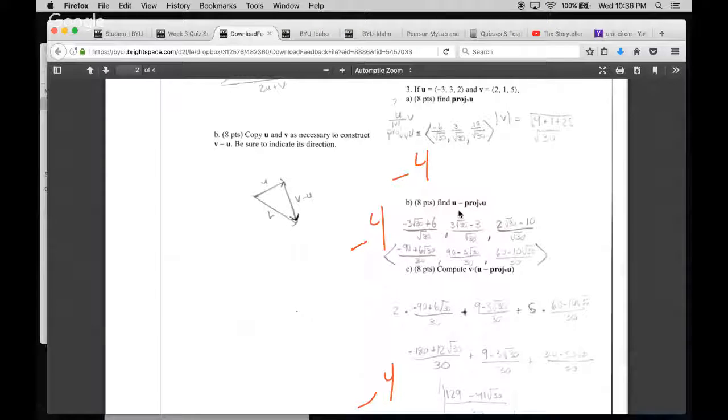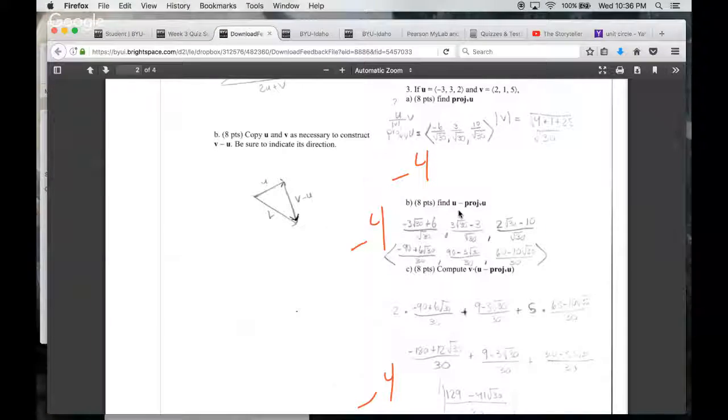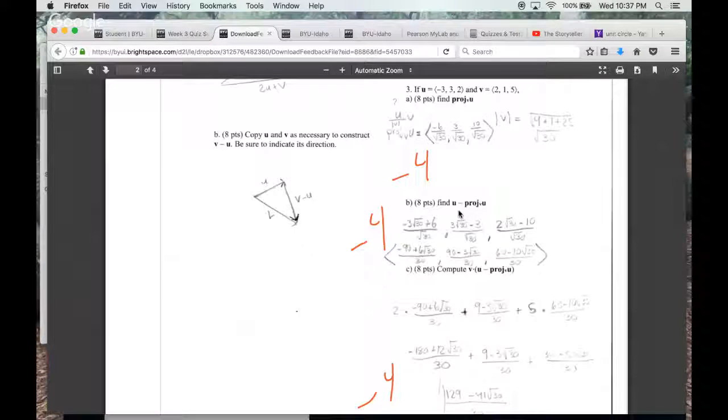So the formula for the projection of V onto U, or U onto V, whatever, is U dot V over the length of V times the length of V, times the vector V. It looks like you just did U over the length of V times V. So you need to do U dot V over the length of V times the length of V, and then times the vector.